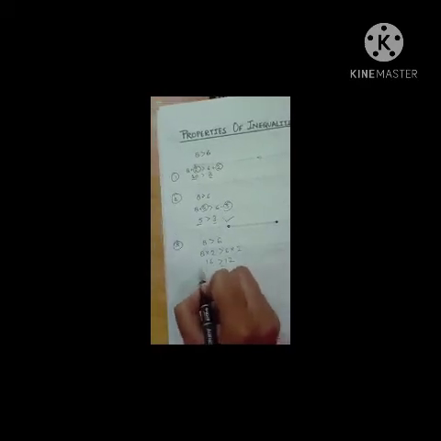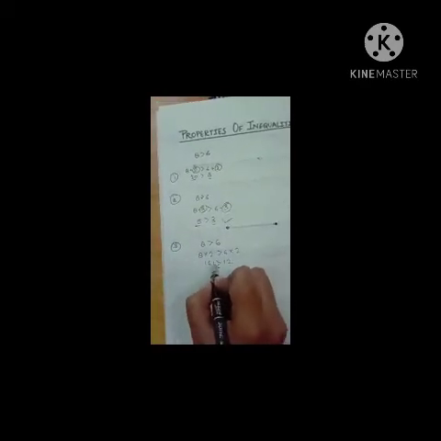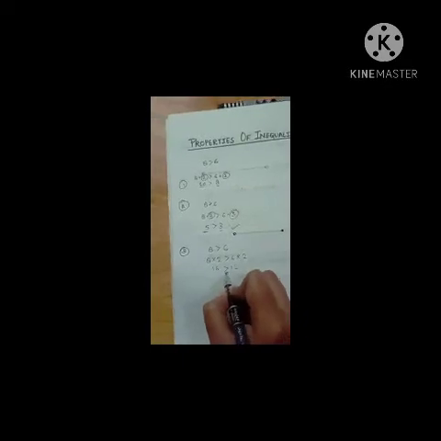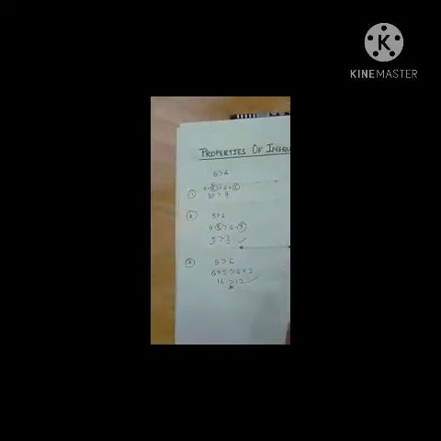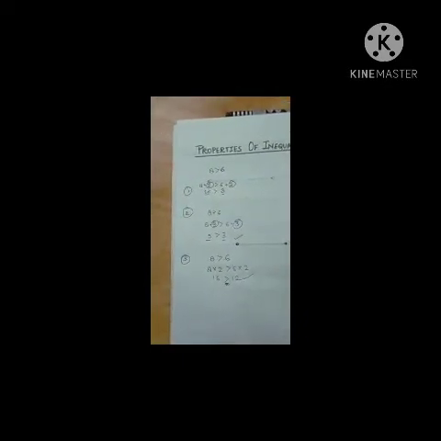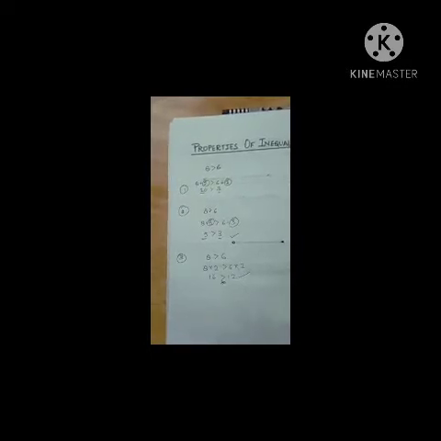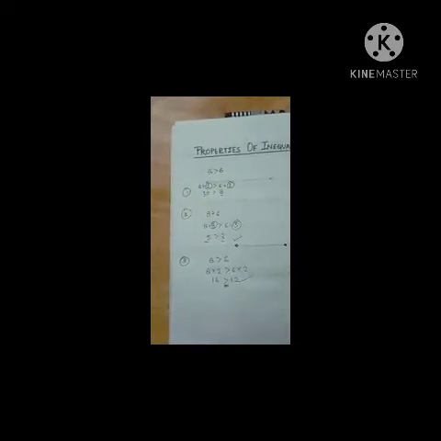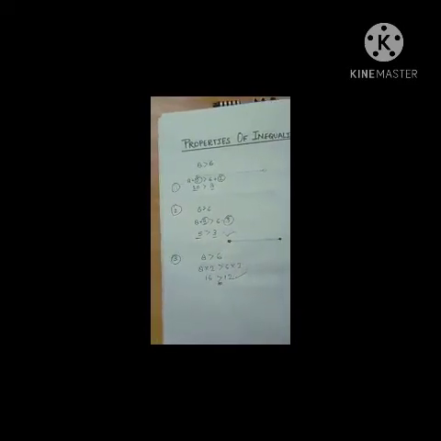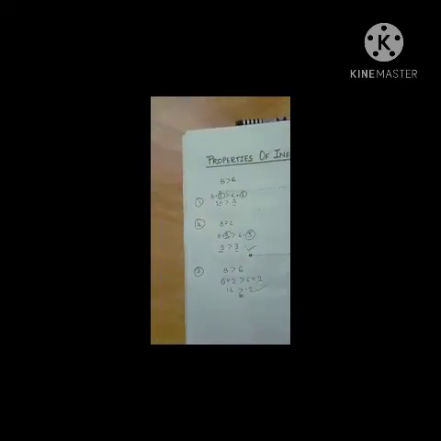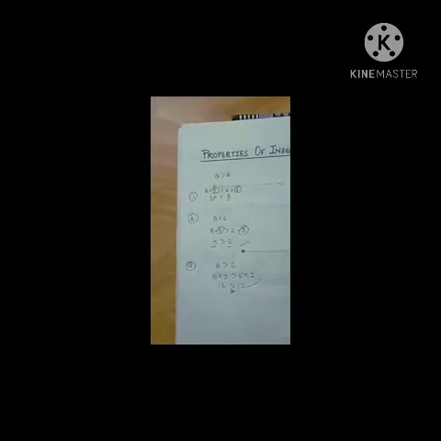So you can see that this is true, 16 is greater than 12. So the inequality remains the same. This is the third one, that an inequality remains true on multiplying both sides by the same positive number. Be very careful what I am saying, positive number.